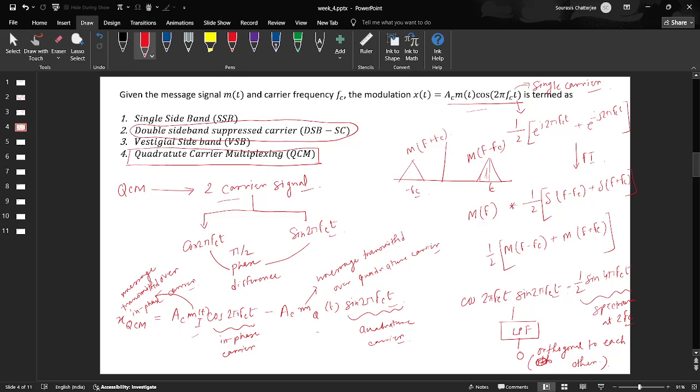Its baseband component is 0. When they interact and pass through a low pass filter, they have no mutual interference. That's why these two carriers are orthogonal, and we will see that this is the key property that enables QCM to transmit two message signals in the same bandwidth. That is the key advantage of QCM.